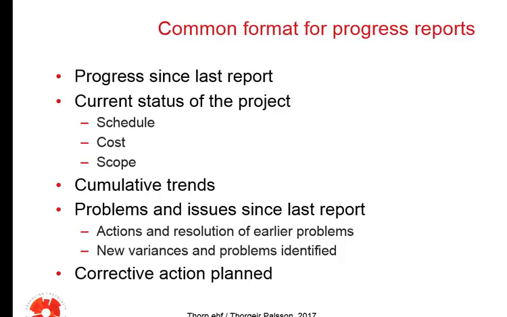What can we learn from development now from the last point of control? New variances, new problems identified, and then how can we correct? So if you follow this, every time you make a new control, let's say status report, then you're always pulling out the points that you can learn from. You're always improving your capabilities, improving the process, improving the system.